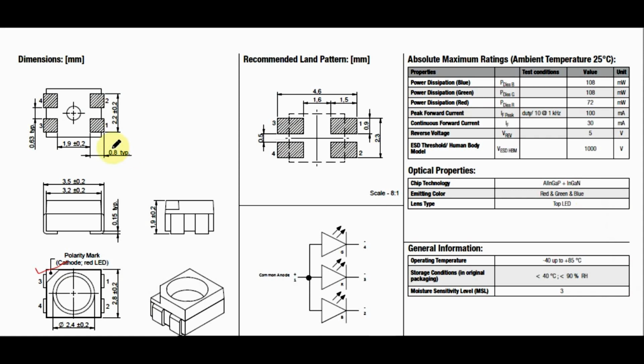Okay, so this is the RGB LED and this is the dimension of the RGB LED, which is given in the data sheet. You can see all the dimensions are given in the data sheet. This is the land pattern, which is used to create a footprint in PCB.